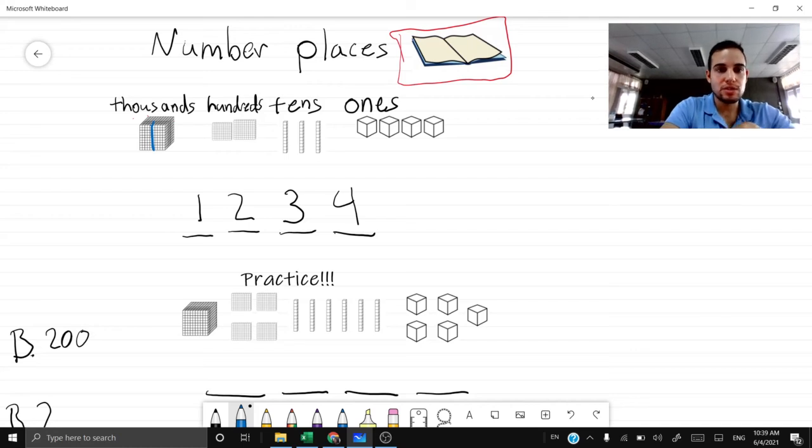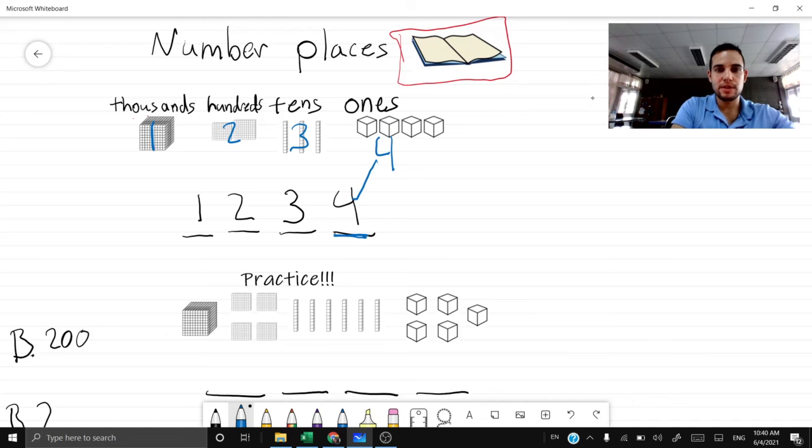Over here, you see 2 hundreds, so we'll write the number 2. We see 3 tens, so we'll write the number 3. And we see 4 ones, so we'll write the number 4. And the number we have is 1, 2, 3, 4. This is the thousands place, the hundreds place, the tens place, and the ones place.